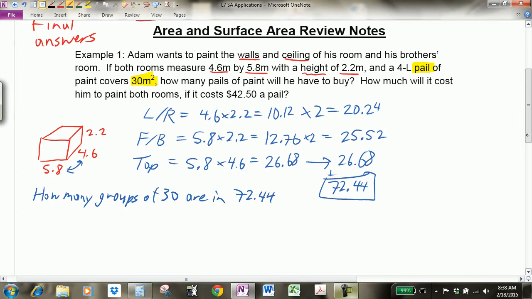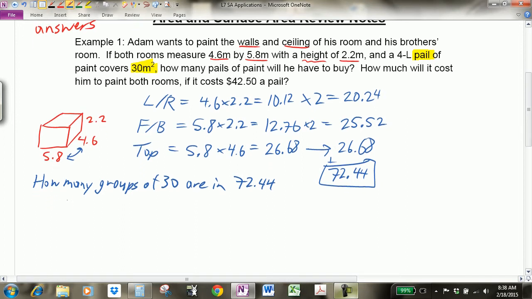So what we're going to do is divide. Division will help you figure out how many groups there are in 72.44. So we're going to divide 72.44 meters squared by 30 meters squared. When we're dividing, our units cancel and we're left with a whole number.